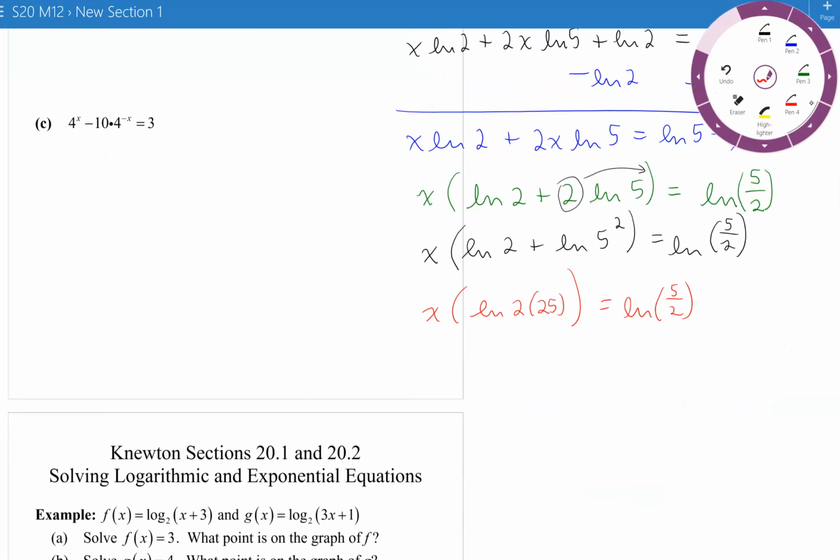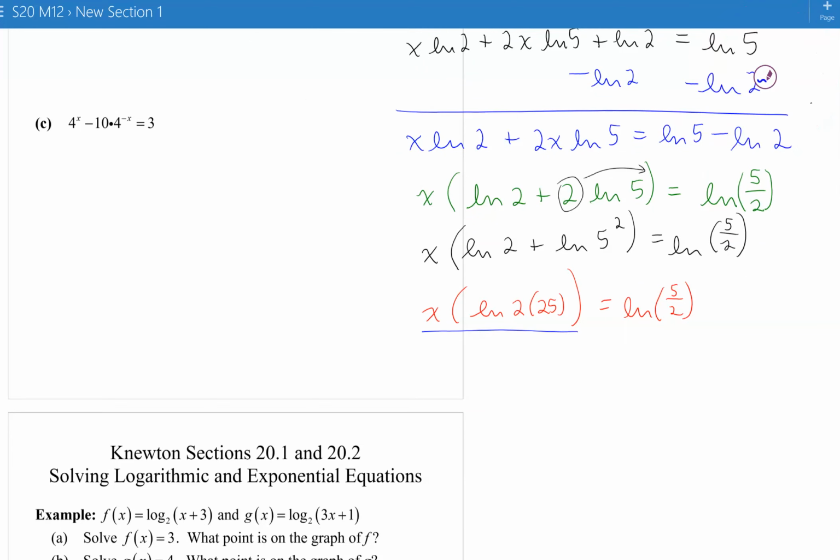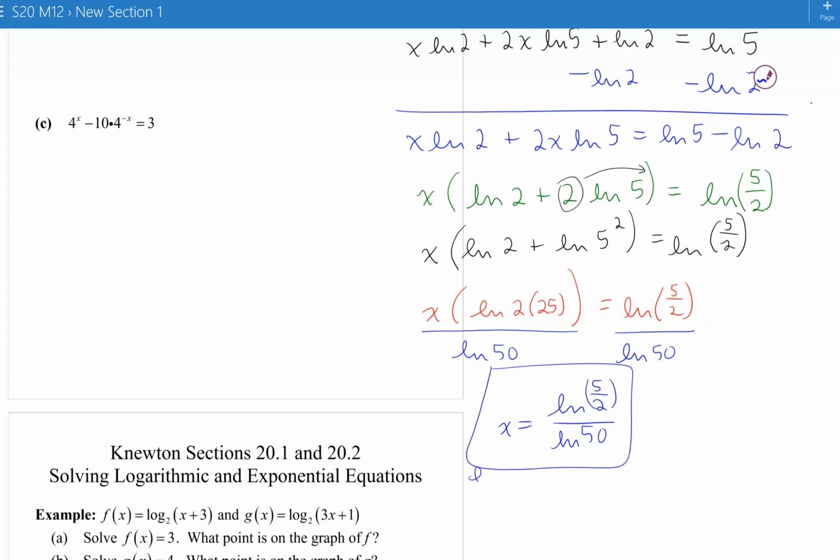So for my final answer, I'm going to divide by the ln of 50, and x equals exactly the ln of 5/2 over the ln of 50, and this is my exact answer.